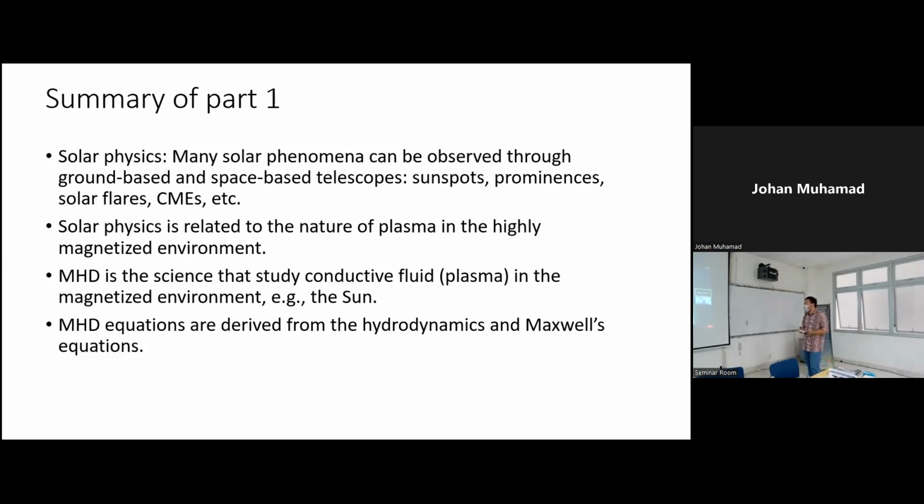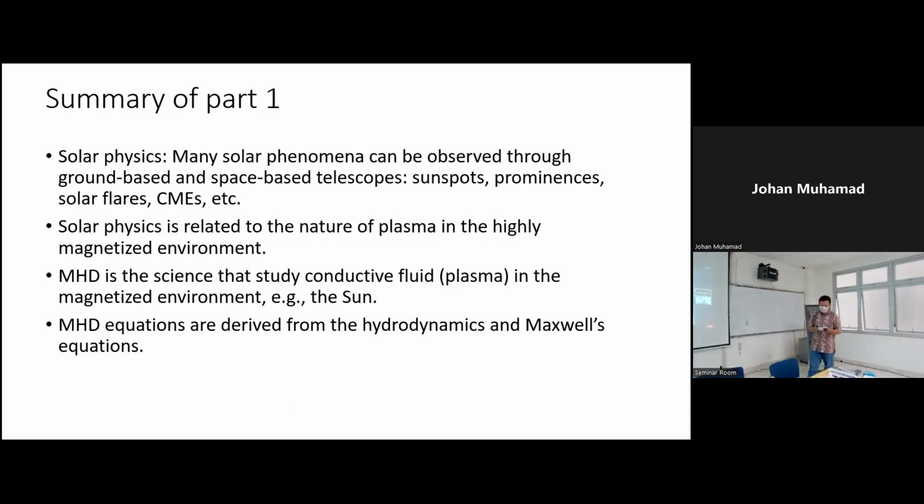Then usually there will be some kinds of anomalies in their system, and BRIN here in the Research Center of Space also studies the anomalies of many satellites and spacecraft during space weather disturbances, when very large flares or very large CMEs happen.